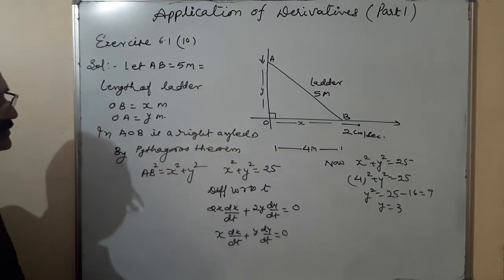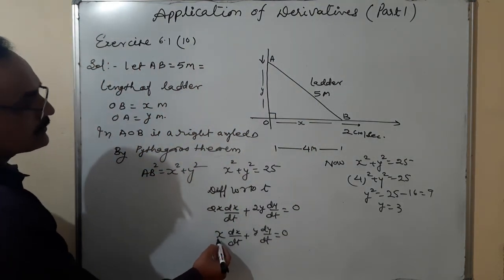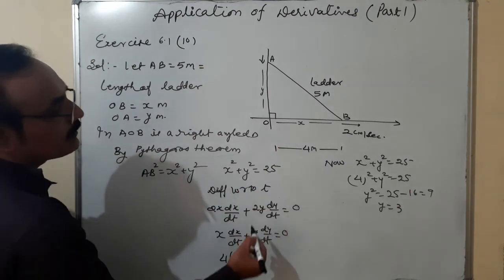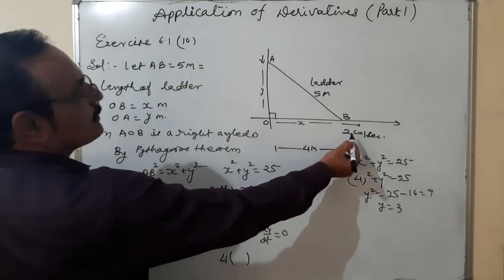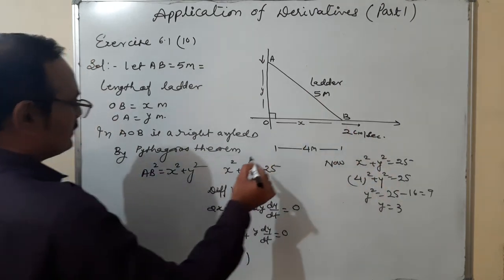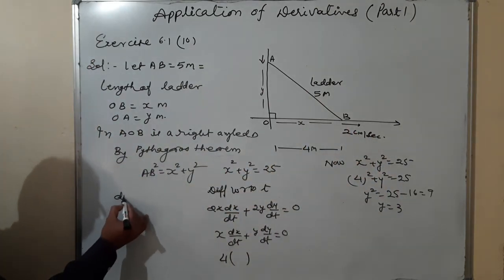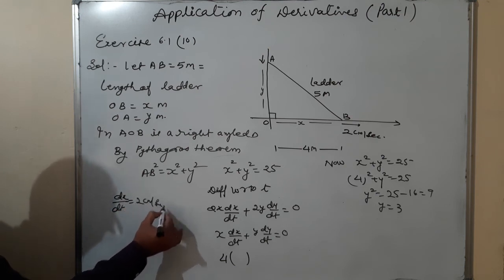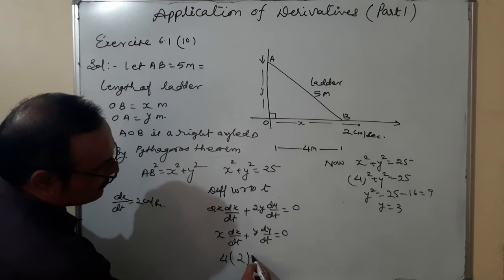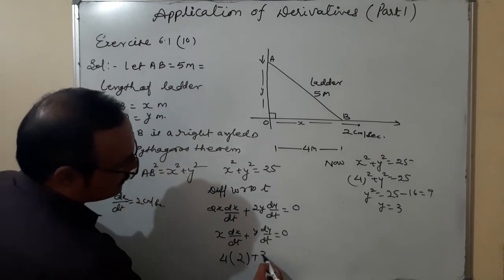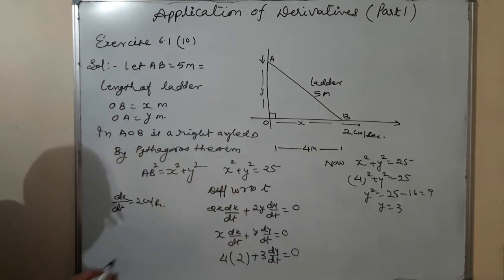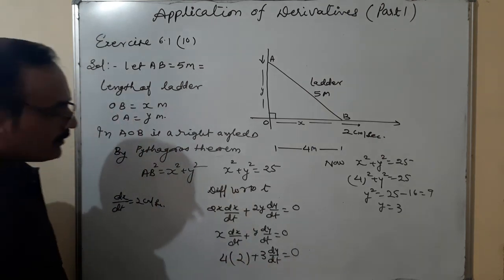These values will be substituted here in place of x and y. 4 dx by dt, where dx by dt is 2 centimeter per second, plus y, that is 3, times dy by dt is equal to 0. With the help of this, we'll find the value of dy by dt.